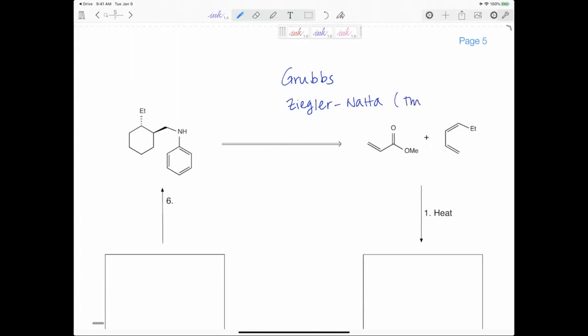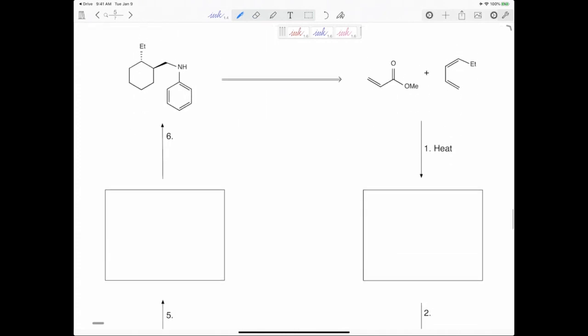I don't know if you guys were able to get through everything. Oh, okay, so you guys went over Grubbs. All right, exactly. PCy3, something like that. I can't remember it offhand, but this is pretty much Grubbs catalyst. So I think you have to worry about Grubbs more for a reaction mechanism, if anything.